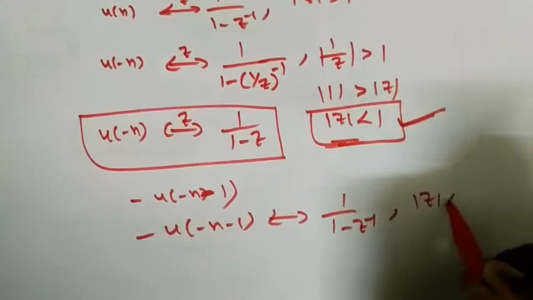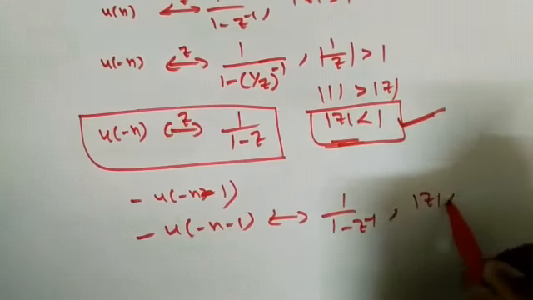This is x of n. Again, if I split it, it will become 1 by 2 e power j omega naught n u of n plus 1 by 2 e power minus j omega naught n u of n. This is x of n.